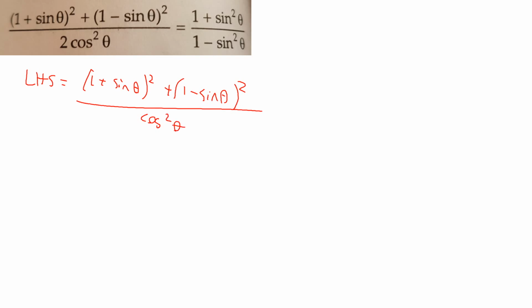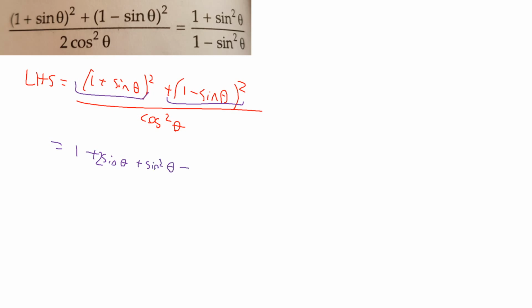Okay, first thing we're going to do is expand both of these brackets because that's just the complicated part. This is going to be 1 plus 2 sine theta plus sine squared theta.